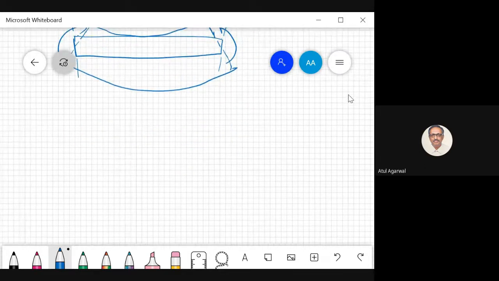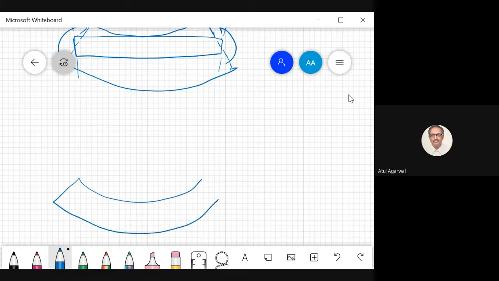You will see that it looks like, if we extend these faces, they will meet here somewhere.